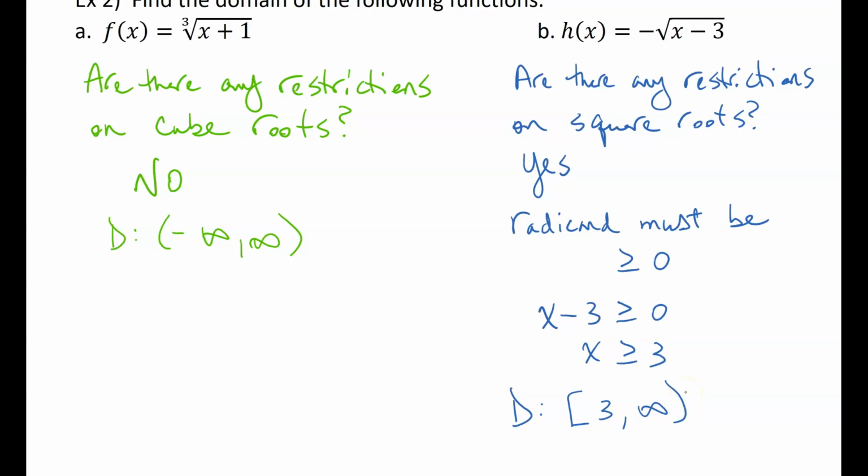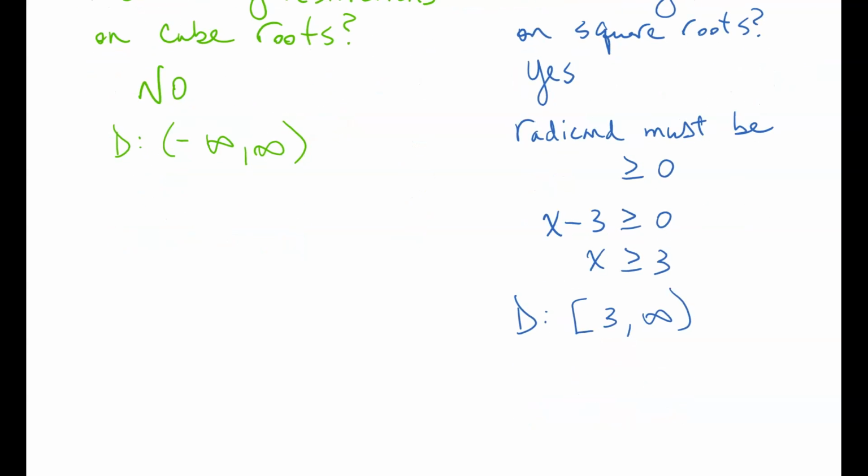Is that going to hold true for 4th roots, 6th roots, 8th roots? Exactly. Okay, so even if you were given something like, say, f of x is equal to the 4th root of 7x minus 3, and you were asked to find the domain, what are we going to do?